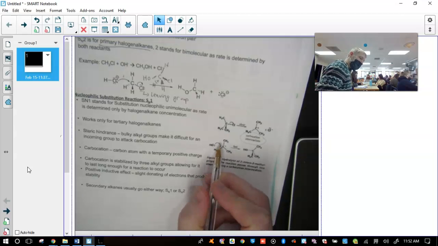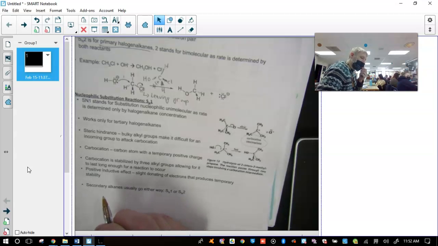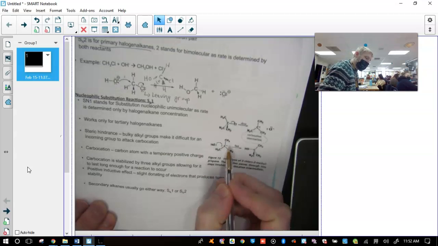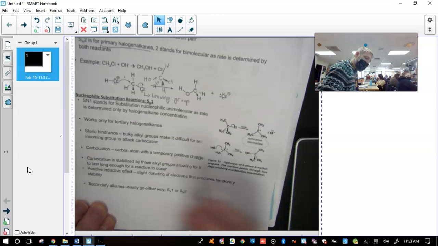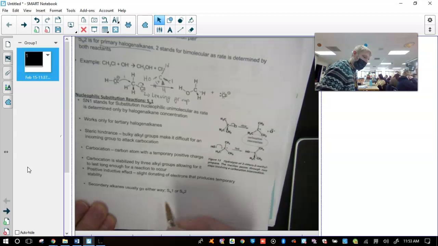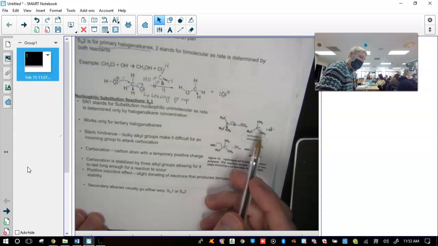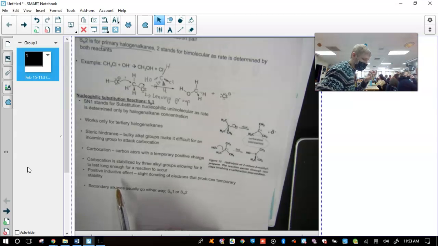Perfect timing, because this OH nucleophile wants to go in and substitute the chlorine. And it can now, because there's an available site. And then it produces the same molecule just without the chlorine but with the OH. So the key is there's a carbocation intermediate stage where the leaving group has left, forming a positively charged carbon. Pretty much it.